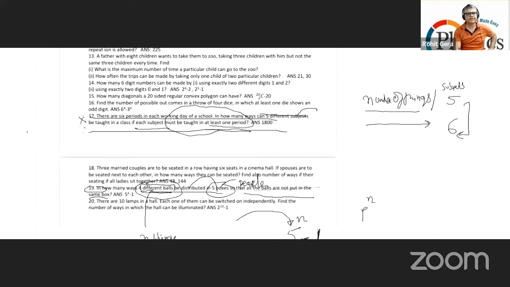There are 6 periods. Okay. And they have to be filled by 5 subjects.